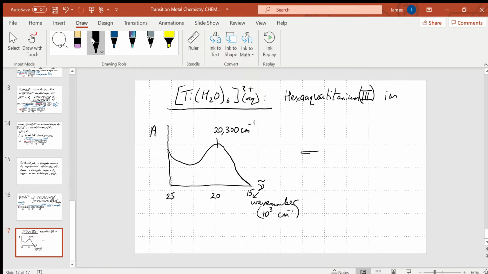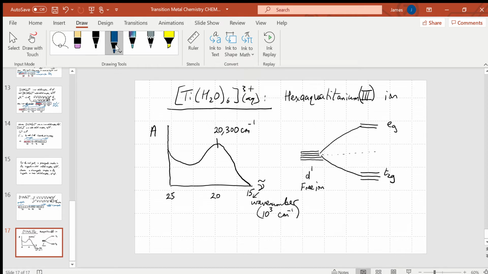Remember, without any octahedral field, we have the 5 degenerate d orbitals. So this is our d1 of the free ion. But then this is split in the presence of an octahedral field to our eg level and our t2g level.